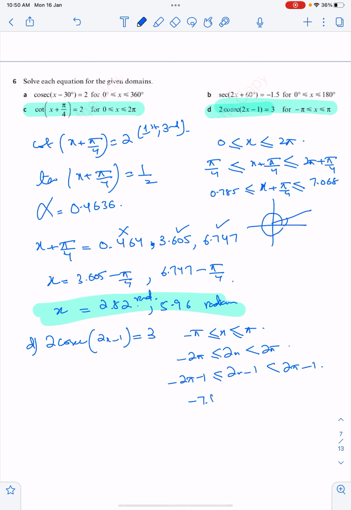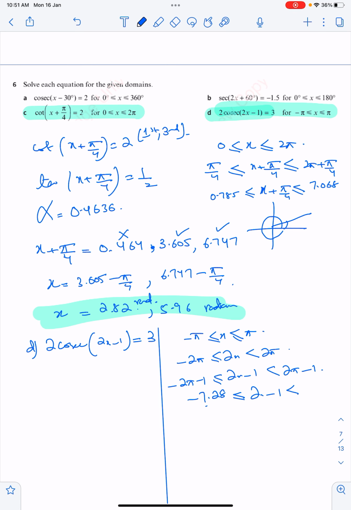This is minus 7.28, and this is 2 pi minus 1, 5.28. Okay, so you have to accept all the angles within this range.